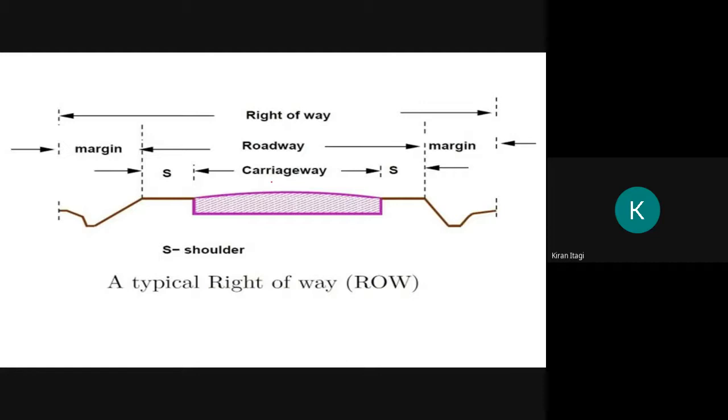See what you mean by carriageways. One by one we will see. Just remember, wherever the vehicles move, this is your carriageway, or we will call it the pavement width. Width of the pavement carriageway. Then at this side we will have some shoulders.